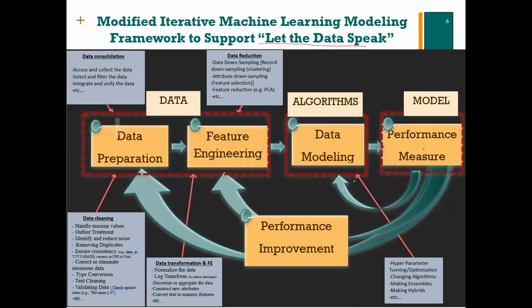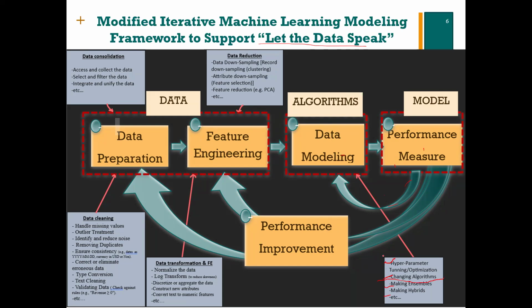At this level, when you go back, you can do hyperparameter optimization. You can change the algorithm. You may want to make an ensemble, you may want to make a hybrid, or just keep changing different types of ensemble and different types of algorithm, and you may come up with a totally new algorithm. However, it is always very good at the beginning to first of all stop at this level.